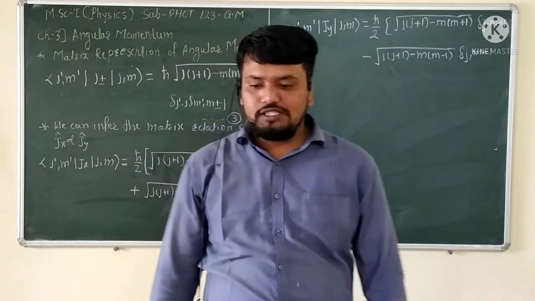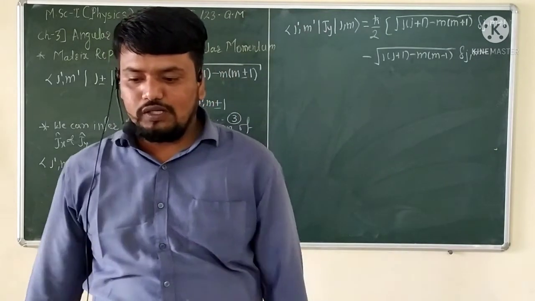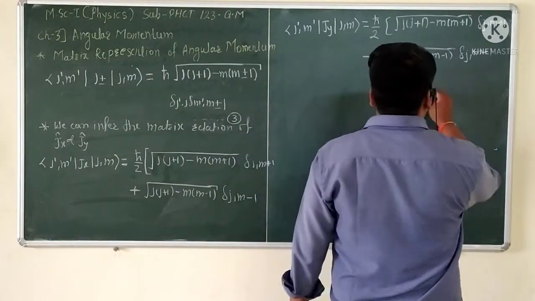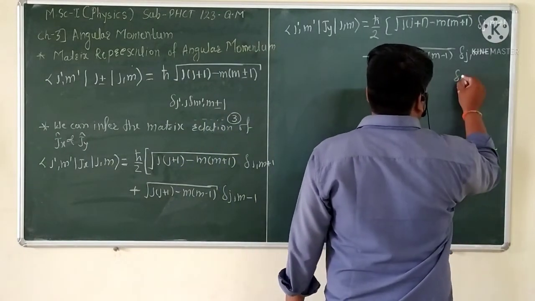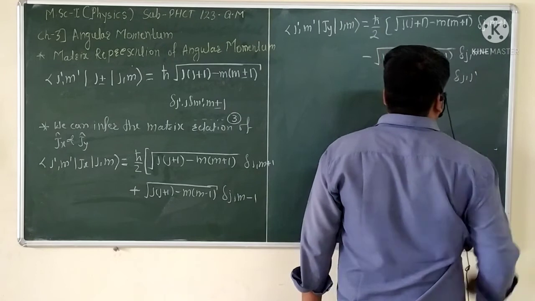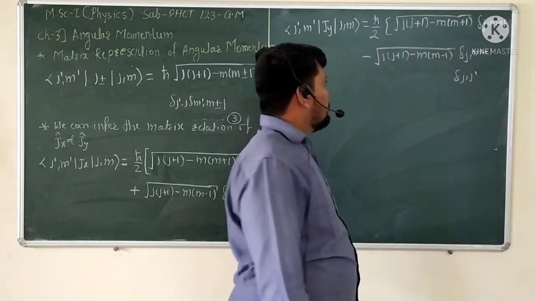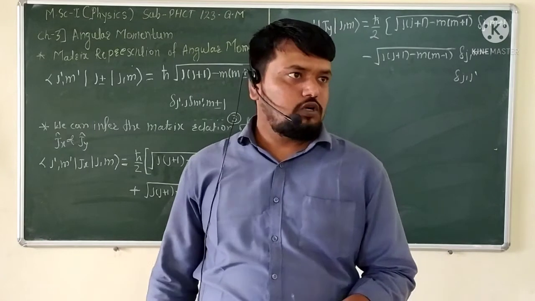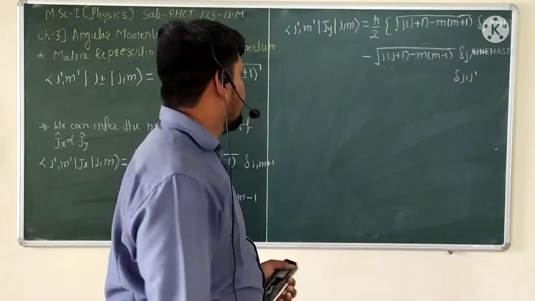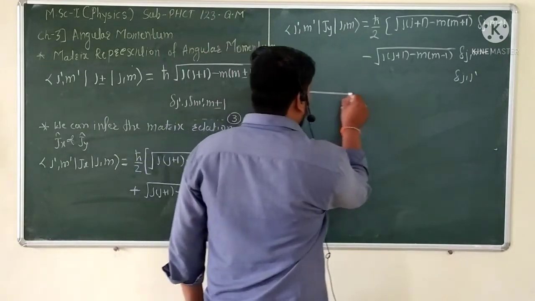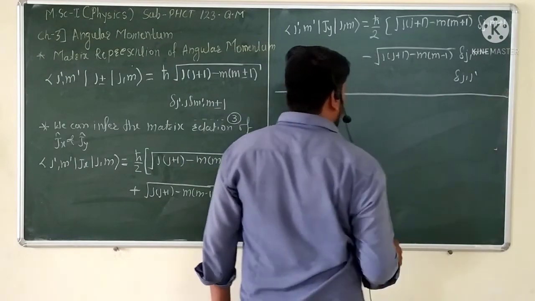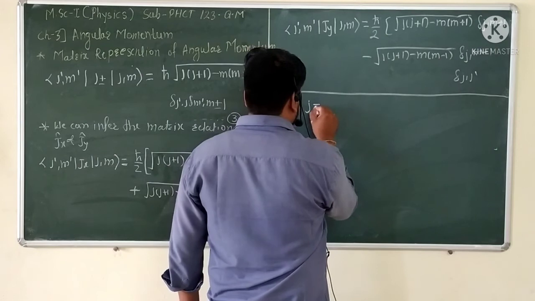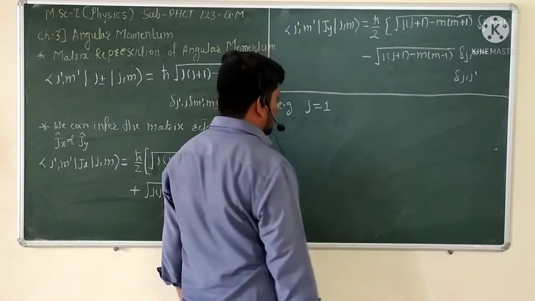Okay, and by using these equations we want to show the matrix representation and solve an example. First of all, for example, j is equal to 1.